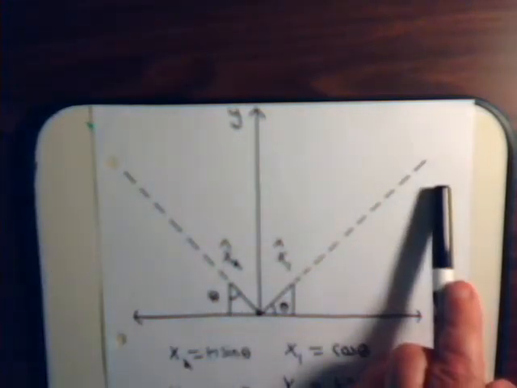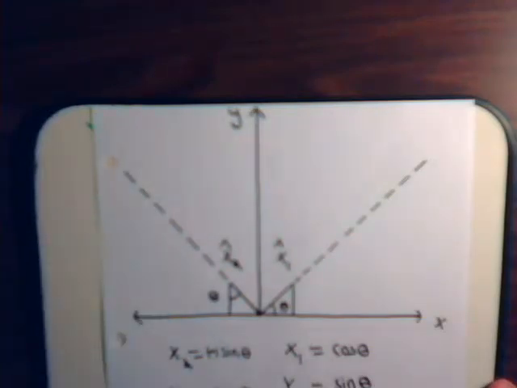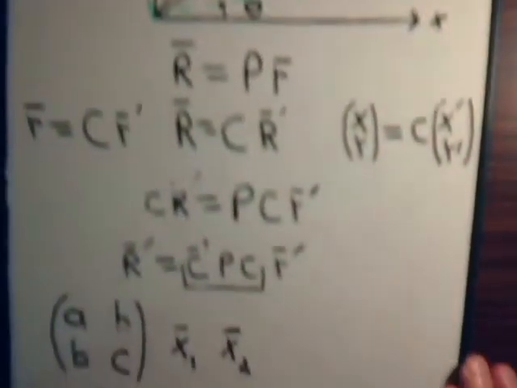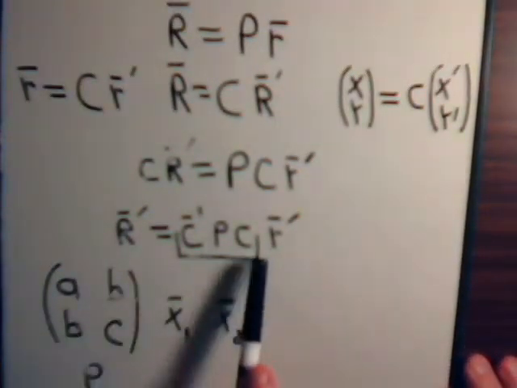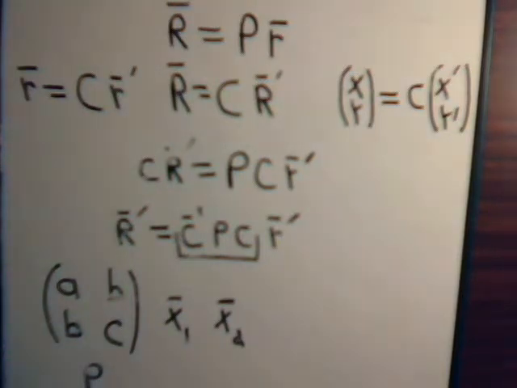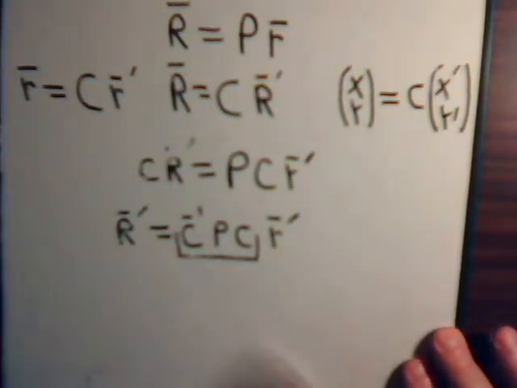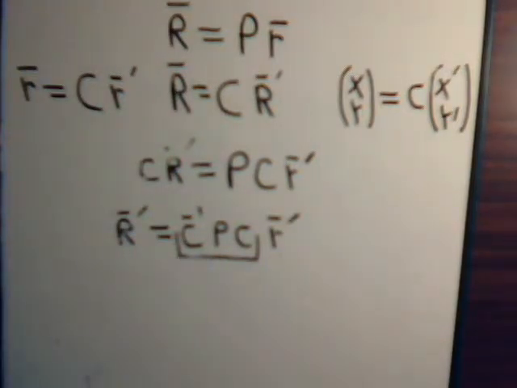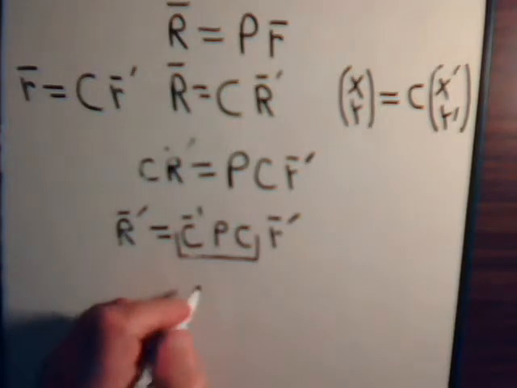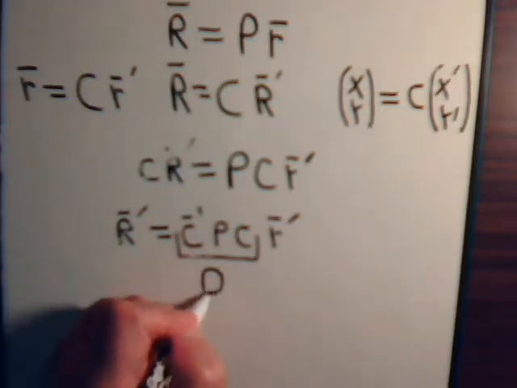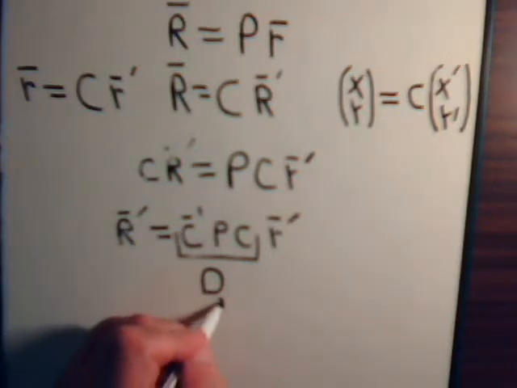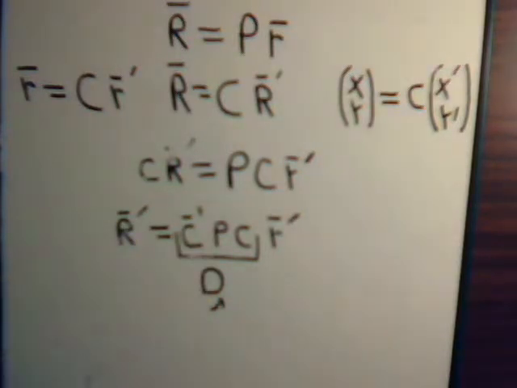Well, this could be an x prime axis. That could be a y prime axis. If we do that, then when we derive this expression right here, we don't have to multiply three matrices together. All we have is the diagonal matrix comprised of the eigenvalues of matrix P.